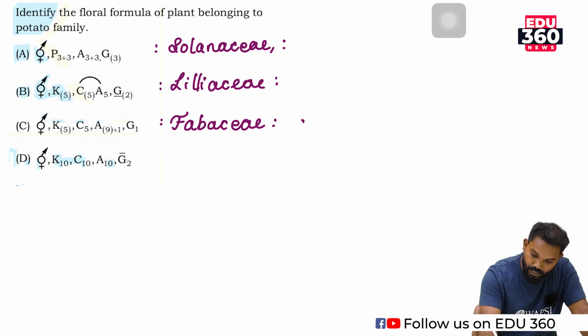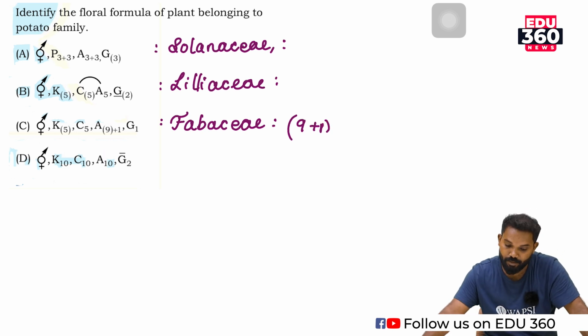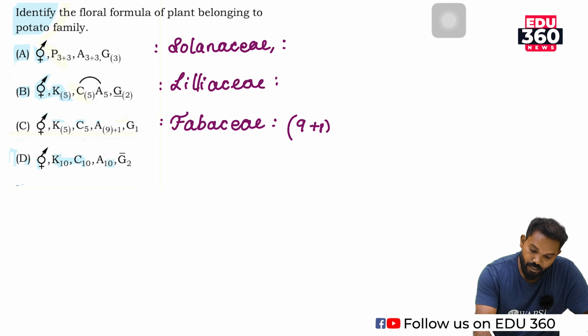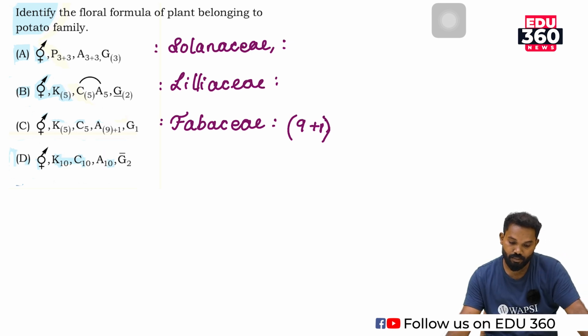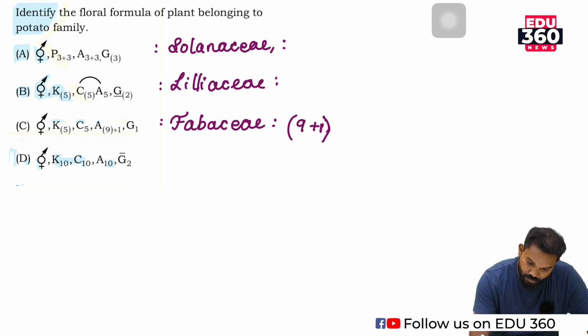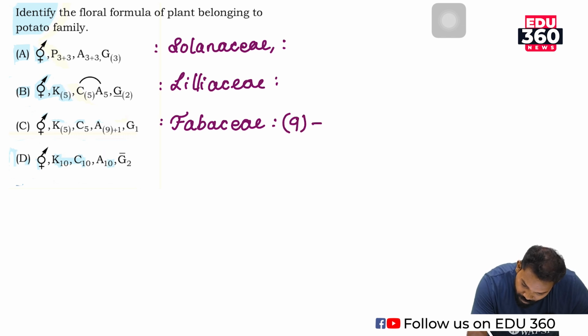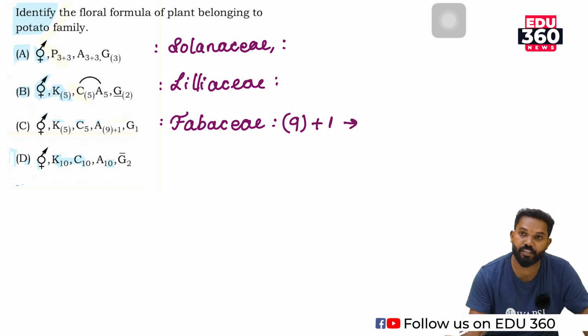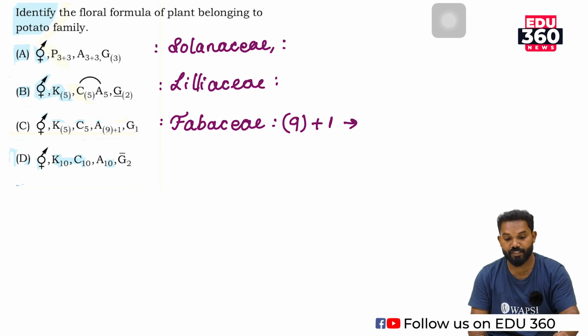In Fabaceae, the 9+1 condition of anther or stamen. The 9+1 condition of stamen is the diadelphous condition.